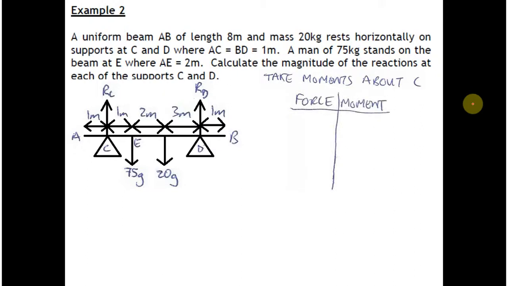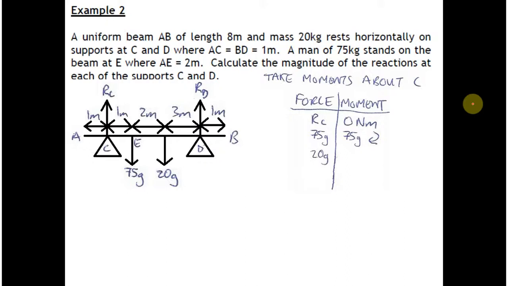Draw my table for the moments diagram, force and moment. So we'll start with the force RC. It's got 0 moment because it goes through the point. Looking at 75g, it's 1 meter away, so 1 times 75g is 75g. If we spin it round the point C, it would spin in a clockwise direction.